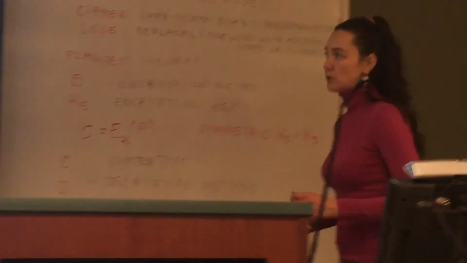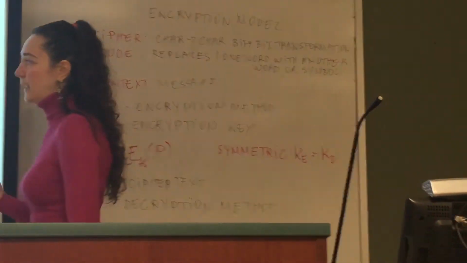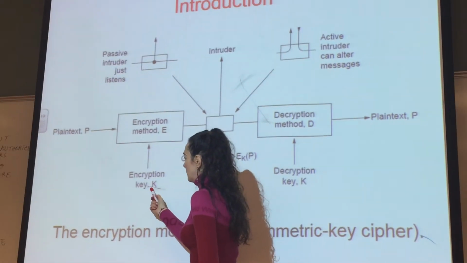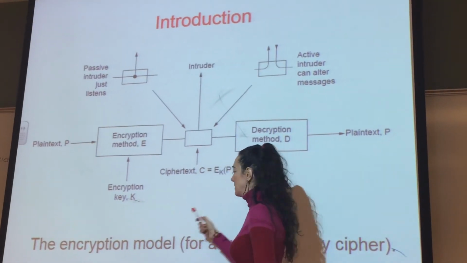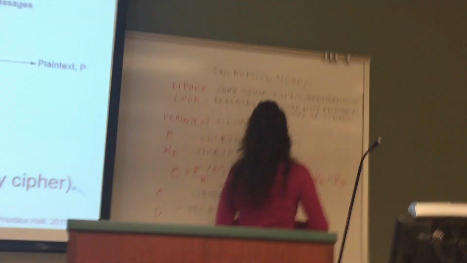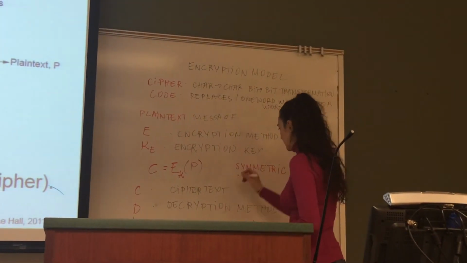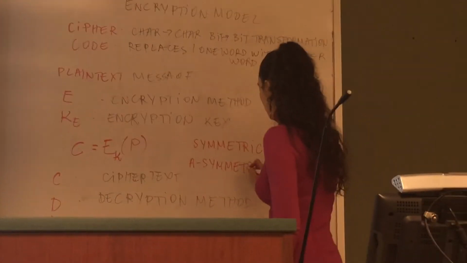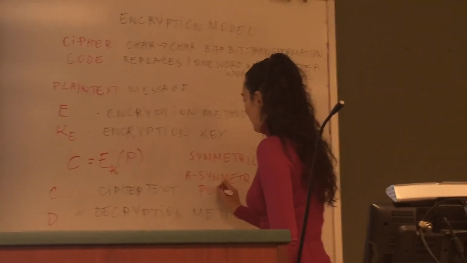Now, if we want to make this more secure, we can have two different keys. This key will be a public key, and this one private. In that case, we will have asymmetric, or public-private, which is called public key cryptography.